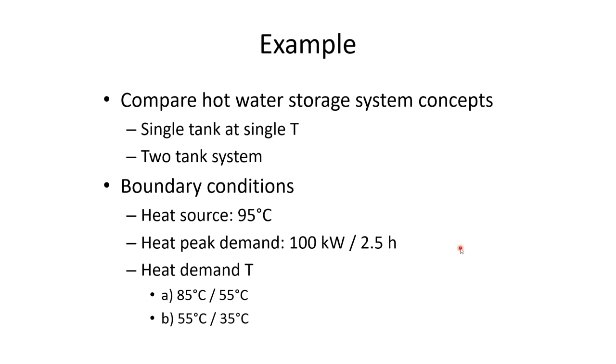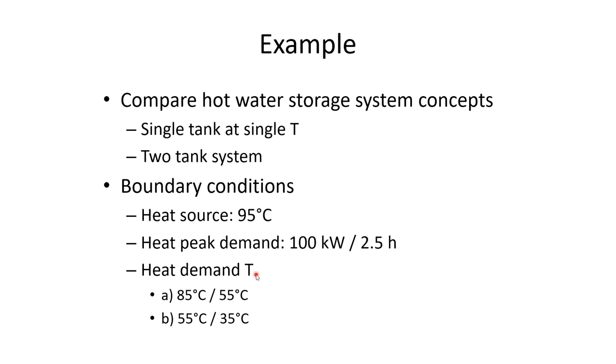And now we go to our calculation example, where we compare hot water storage systems based on a system with a single tank at a single temperature and a two tank system. The boundary conditions that we have are a heat source of 95 degrees C. We want the storage system to be able to provide a peak demand of 100 kilowatts over the course of 2.5 hours.